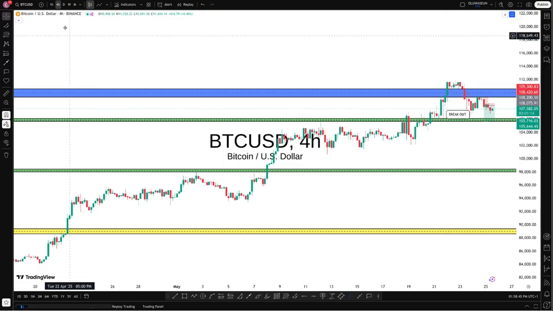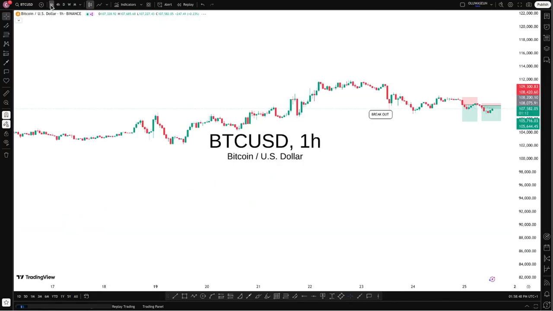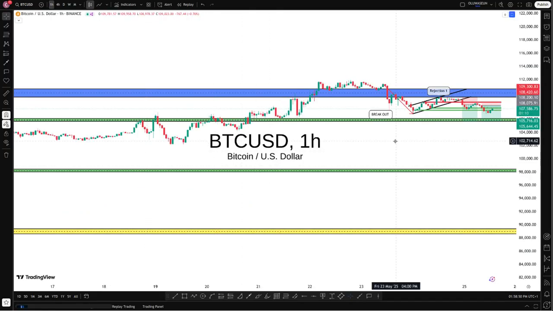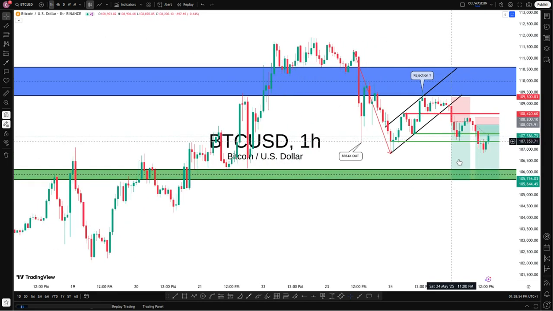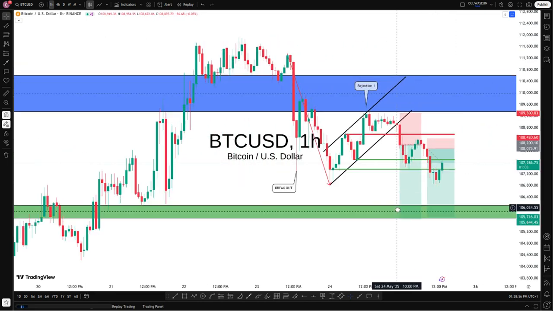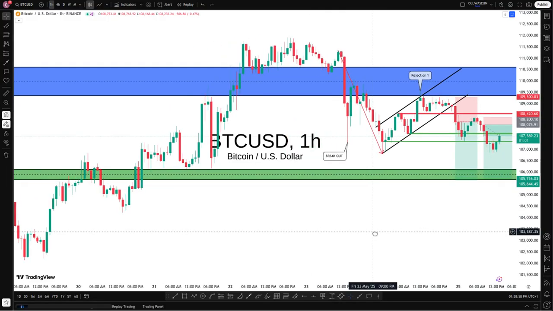But for me, I took all the entry on 1 hour, so let's go down to 1 hour to see what we have presently. What I see on 1 hour is the same thing I was seeing all this while. I see the price breakout of this monthly zone, and price was using this monthly zone as a buy order to keep going higher, but all of a sudden we have some massive drop.